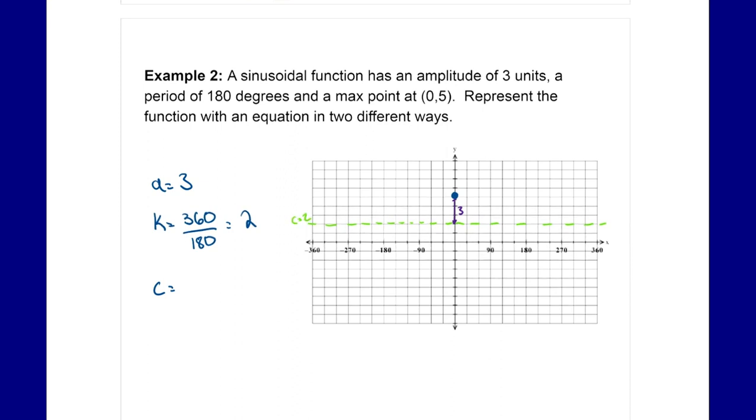Now again, there are different ways you can determine this as well. You could do the max minus the absolute value of a, or 5 minus 3, which gives us 2. So that works as well.